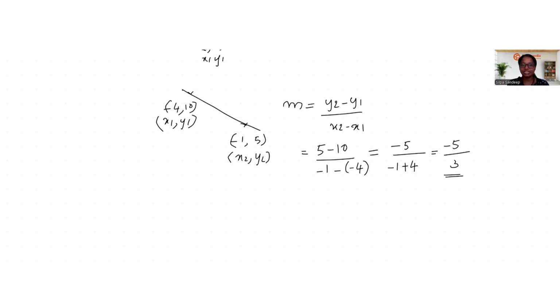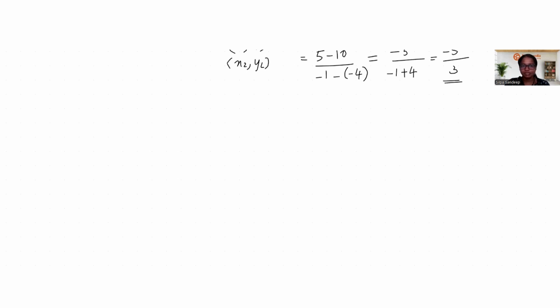Next, we can take a horizontal line. This is a horizontal line. So 2 points on it. Let it be 2, 4 and next point 9, 4. Okay, these are the 2 points on that line. Then we know slope M is equal to y2 minus y1 over x2 minus x1.